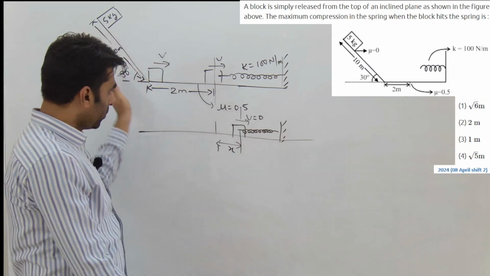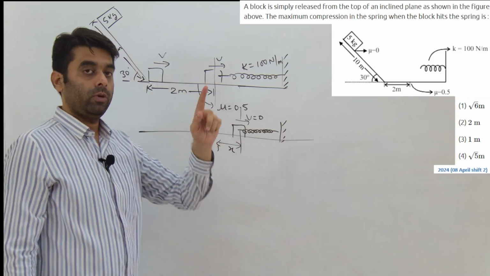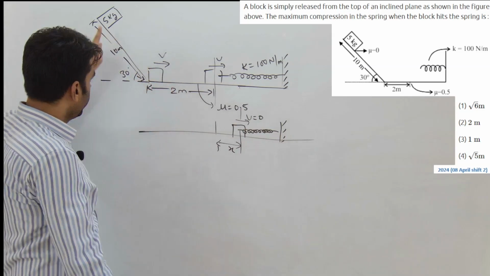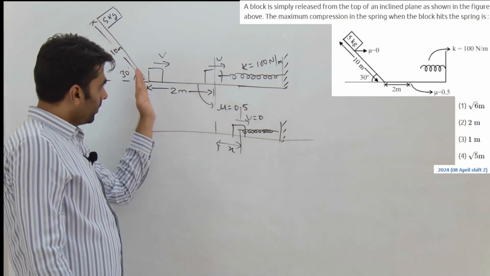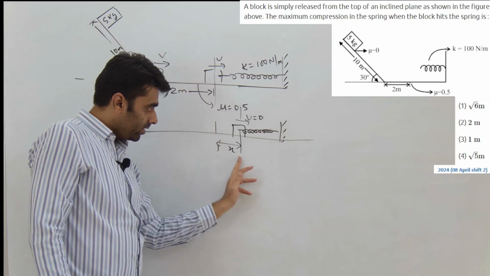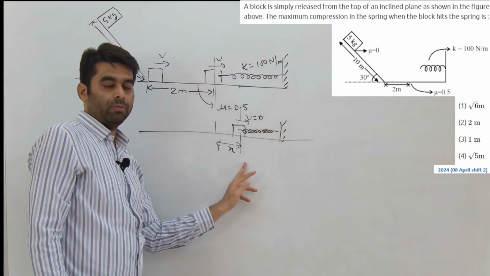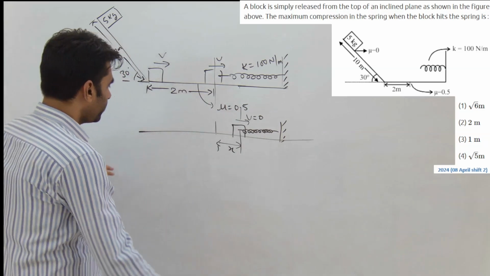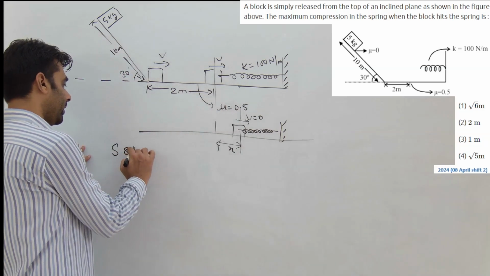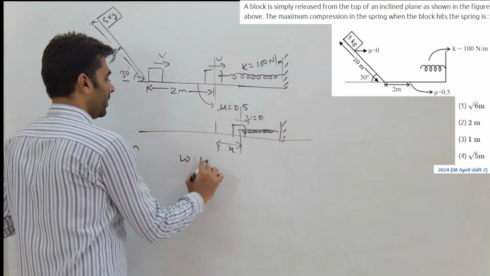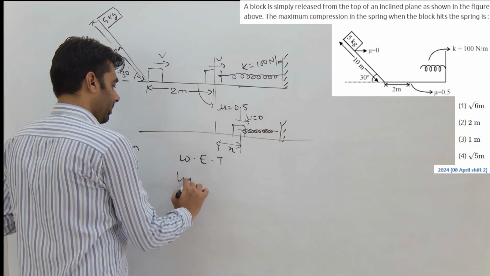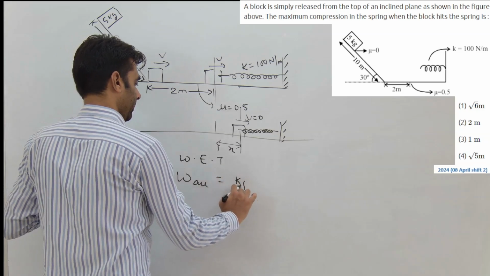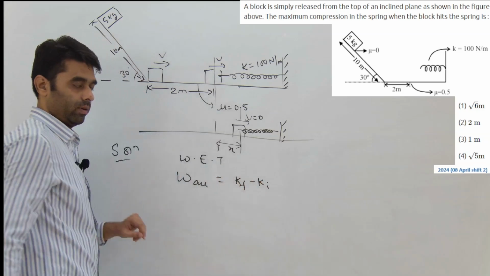So this whole process is there. In this motion of the block, three forces are doing work on it. Gravity is doing work, friction is doing work, and when the compression of the spring is taking place, the spring is also doing work. We'll use the concept of the work energy theorem. Work done by all forces is equals to delta K, that is K final minus K initial.